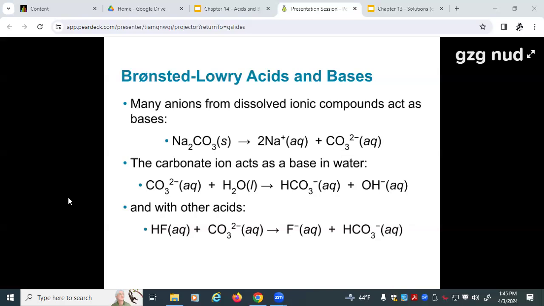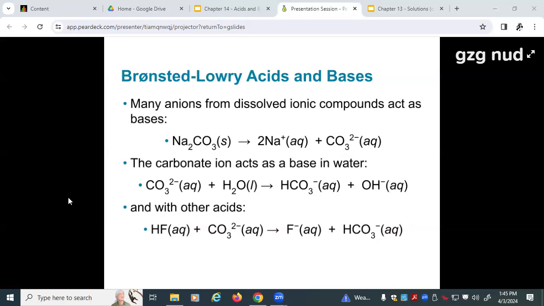So again, carbonate has no hydroxides. We wouldn't identify it as a base under our old definition. But when we see how carbonate ions interact with water, we see that, oh wait, they accept a proton from the water and they generate that hydroxide.